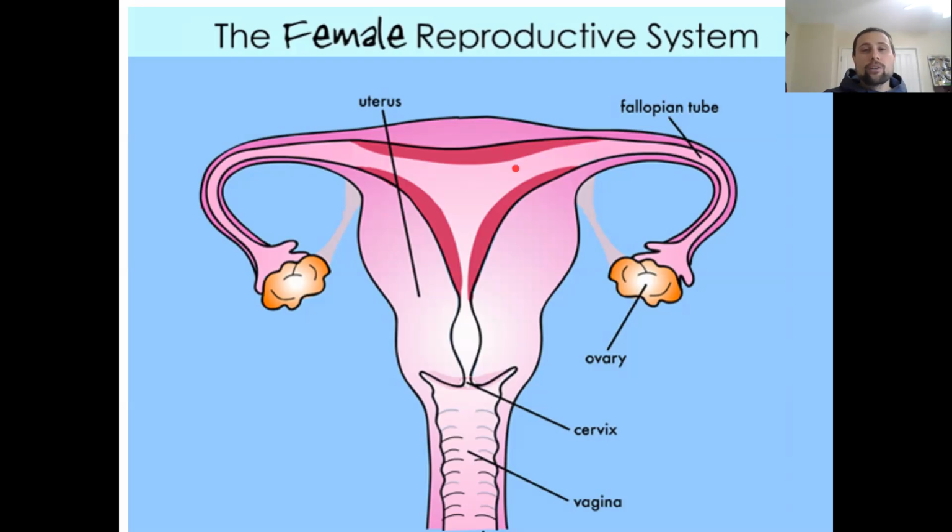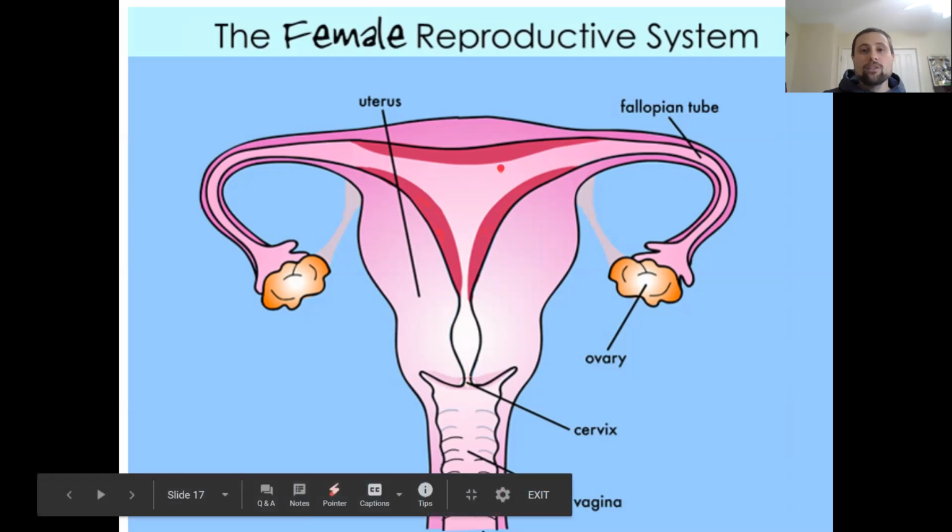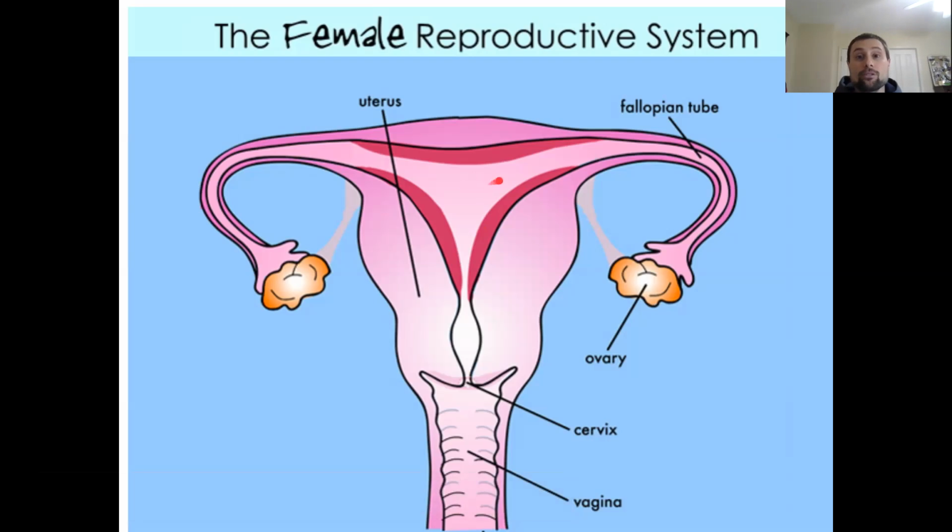This unfertilized egg will leave the body when the woman has her period. When she begins menstruation, this uterine wall will shed, and the unfertilized egg will leave the body with the woman's period. So it's basically flushed out of the body during the menstrual cycle.